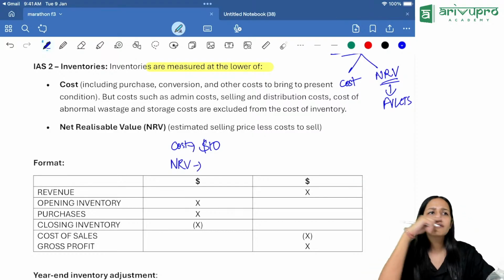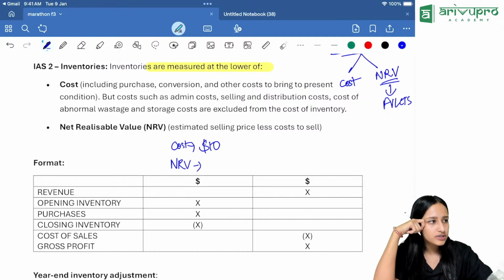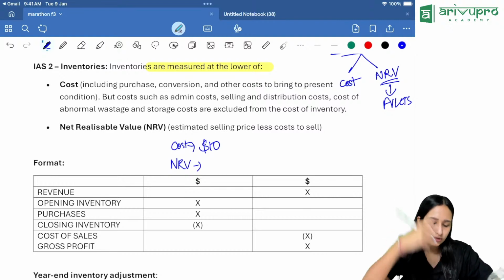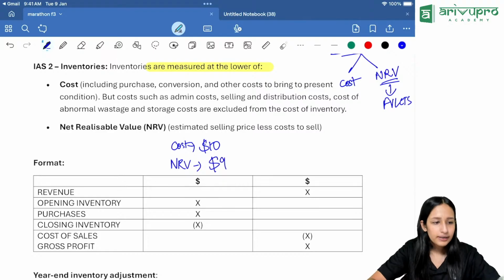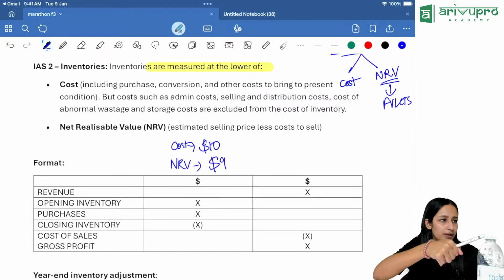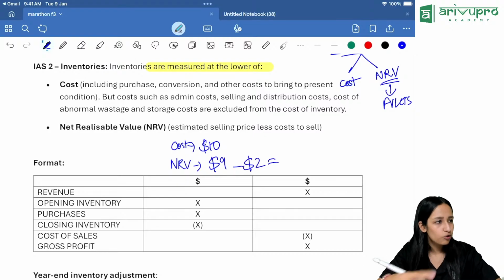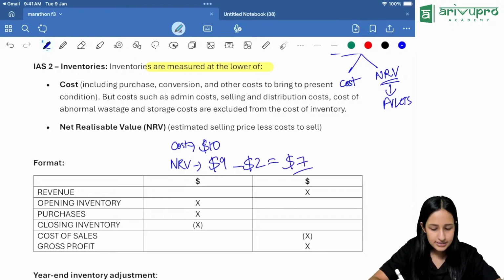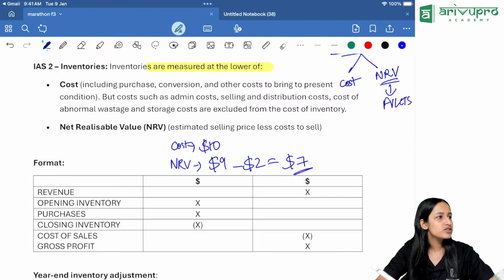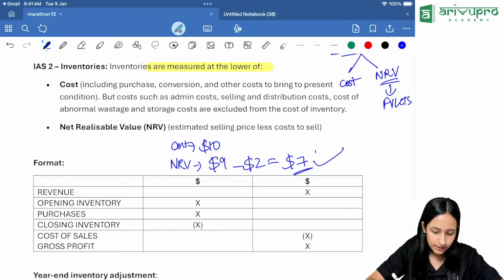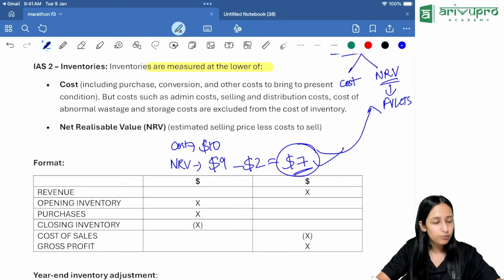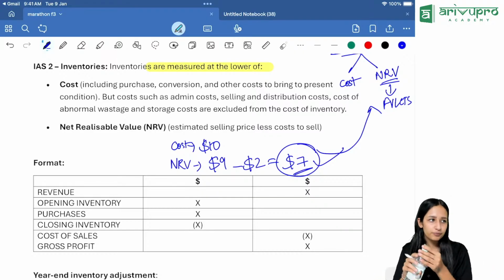Somebody says, fine, I will purchase it for $9, but you need to fix this cap for me, and to fix the cap, let's say it takes $2. So net overall, we are getting $7. Correct? Now, which is lower? You purchased for 10, but you can sell it after incurring cost for 7. So 7 is going to be the value in our books. That is how inventory is going to be measured. Got it?